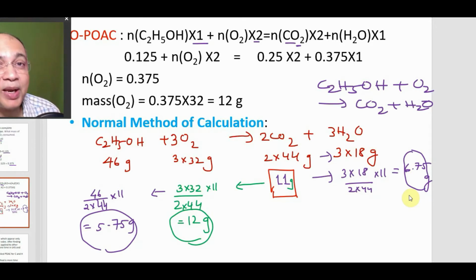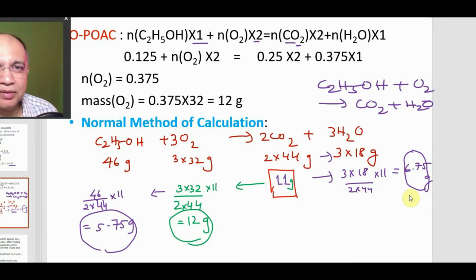Which method will you apply? Tell me honestly, whether POAC: for getting water, you have to go till the end, oxygen POAC. But to find the amount of ethanol, only carbon POAC will fulfill your purpose.